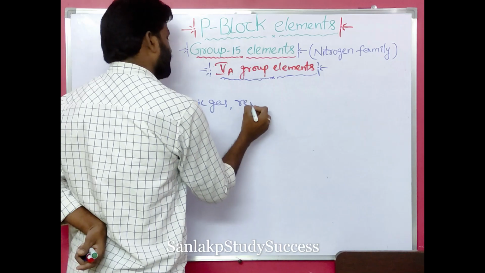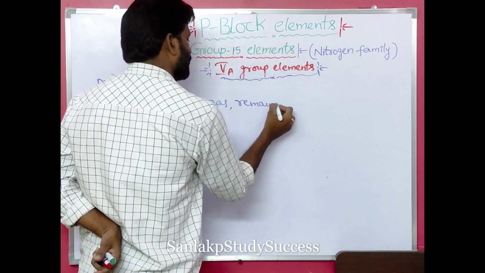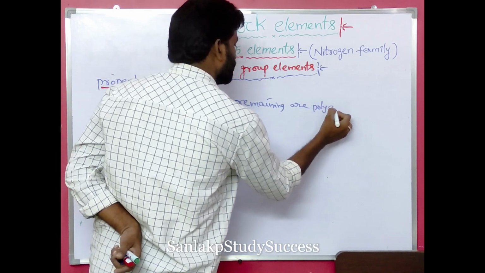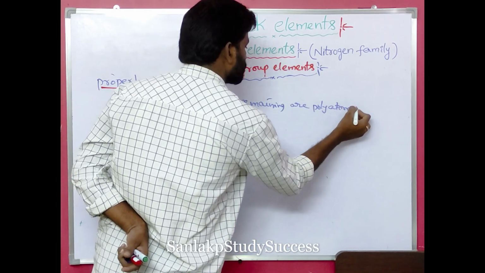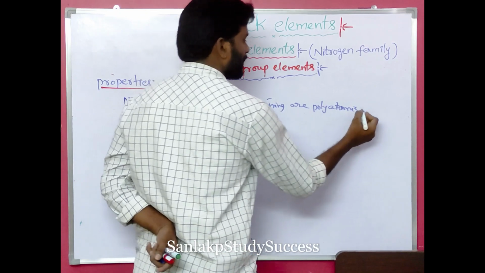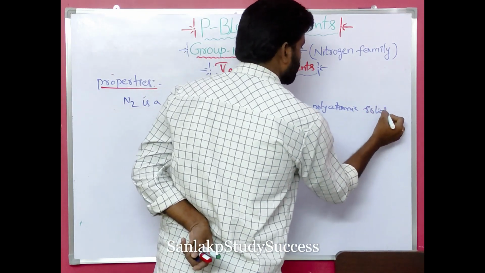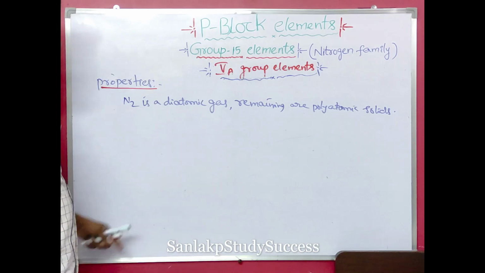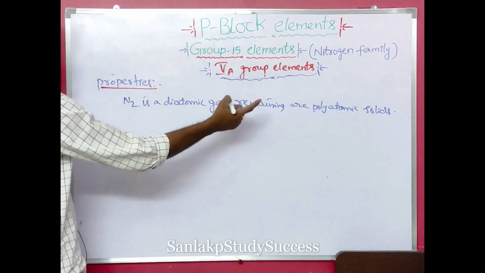Remaining are polyatomic solids. Polyatomic means tetraatomic solids. Okay, N2 is a diatomic gas, remaining are polyatomic solids.